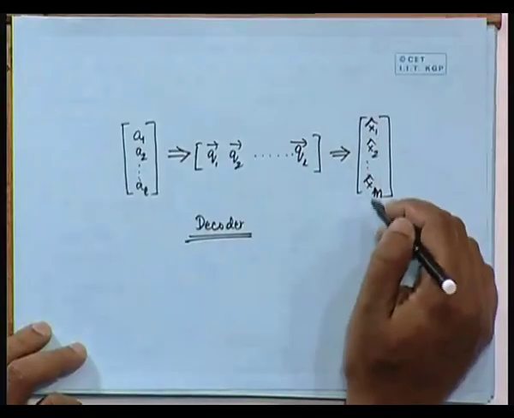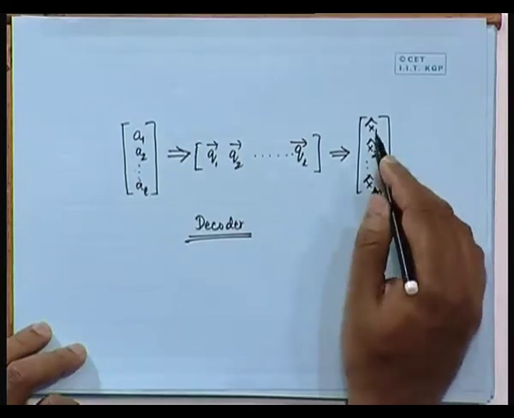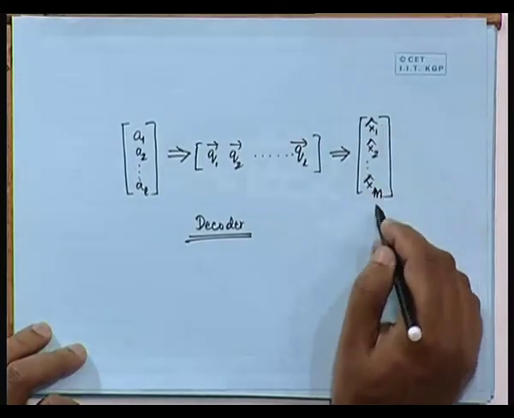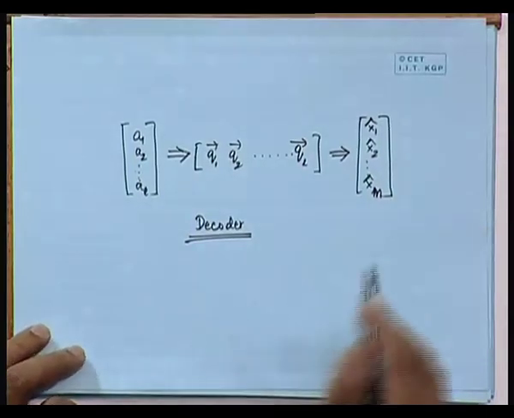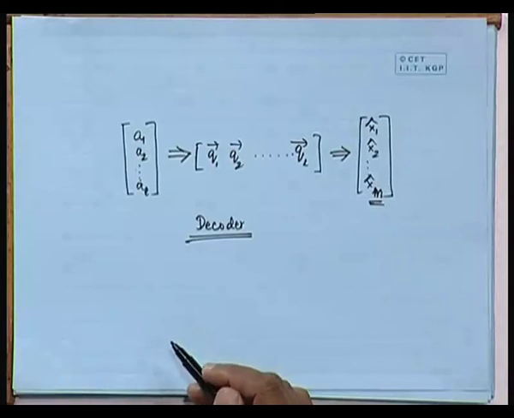So, what we are going to get is ultimately an M dimensional X vector, but because it is different from the original X vector elements, I am writing it as x1 cap, x2 cap up to xm cap. Thank you for pointing this out. So, this has to be xm.